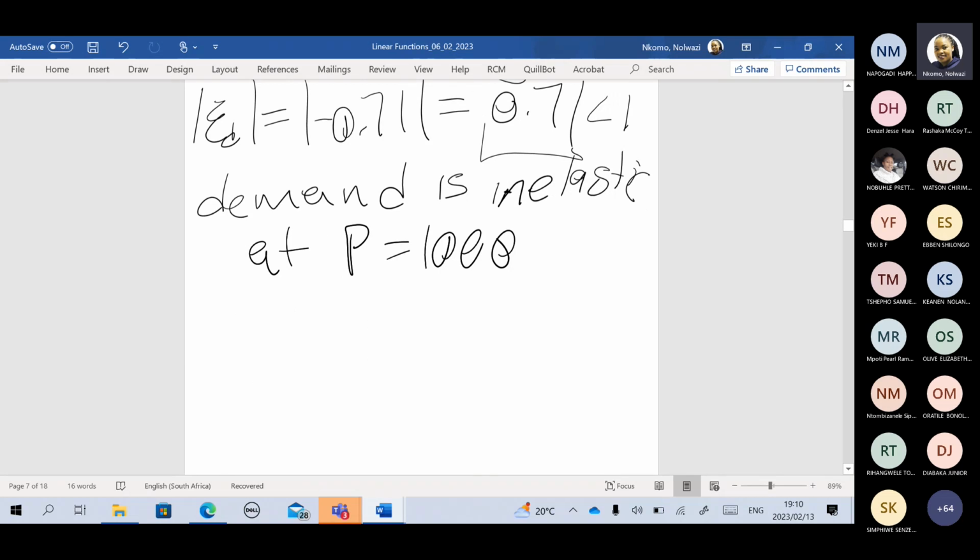And then you can even say this means that when there's a 1% increase or decrease in price, this will result in a 0.71% decrease or increase in demand.